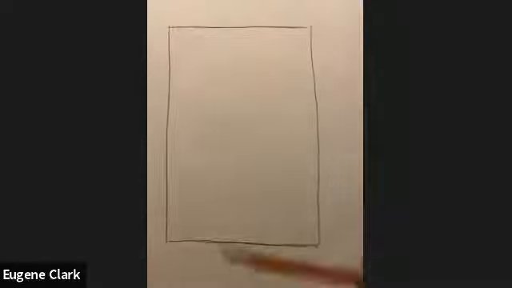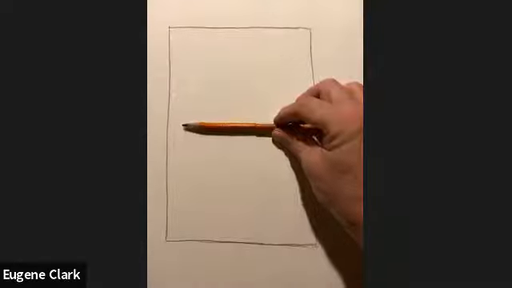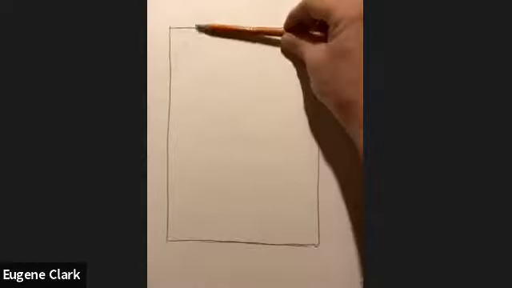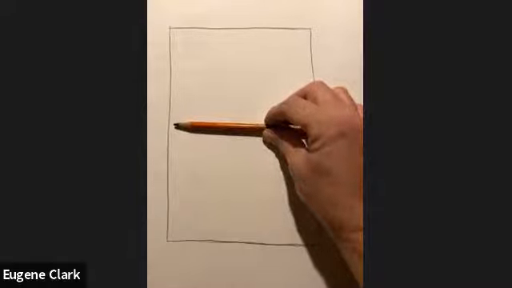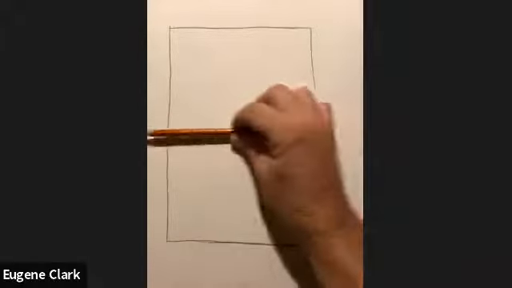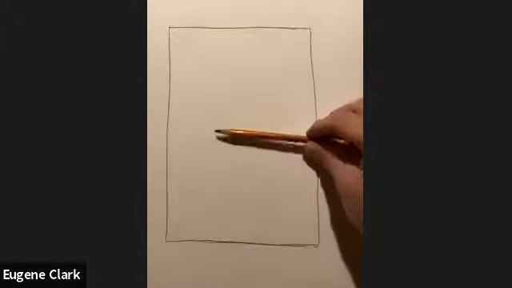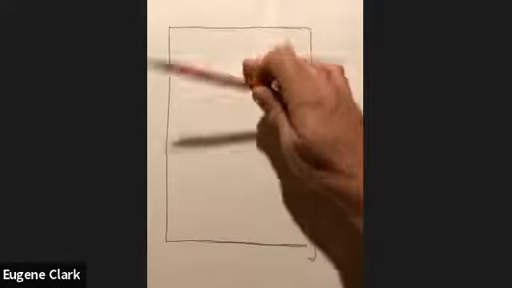So what we want to do is think about the middle of our picture plane. And we want to think about what we call the horizon line, where, say, the wall and table are going to meet in our composition.